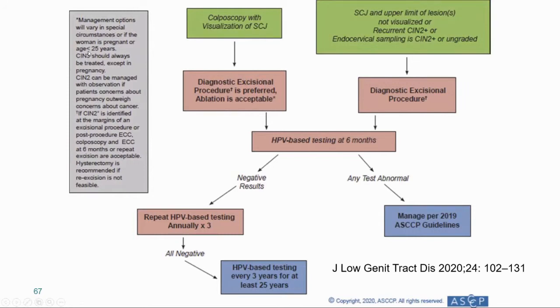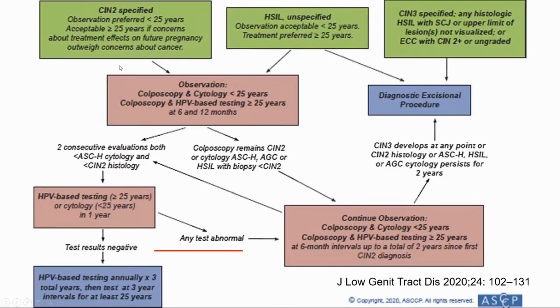Patients that are pregnant or that are younger than 25 years of age will have different considerations. Those patients will be considered for observation instead of diagnostic excisional procedure, particularly if the diagnosis of CIN2 is specified.